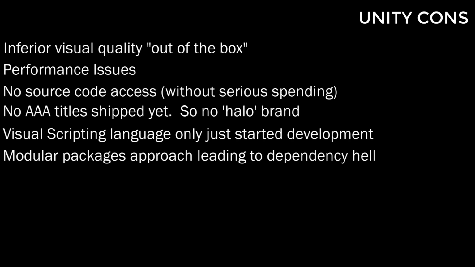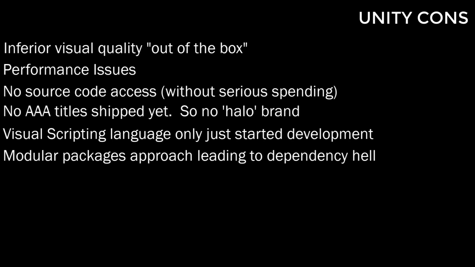You just have so much trouble getting the damn thing to run because you need a specific version of the render pipeline, a specific version of the Burst compiler, a specific version of the physics engine, a specific version of the Unity Hub, of Unity itself, and it's making running code a hell of a lot harder than it used to be. So the modular approach is a double-edged sword. It allows you to update faster, but it creates more interdependencies and makes your game engine more fragile as a result.